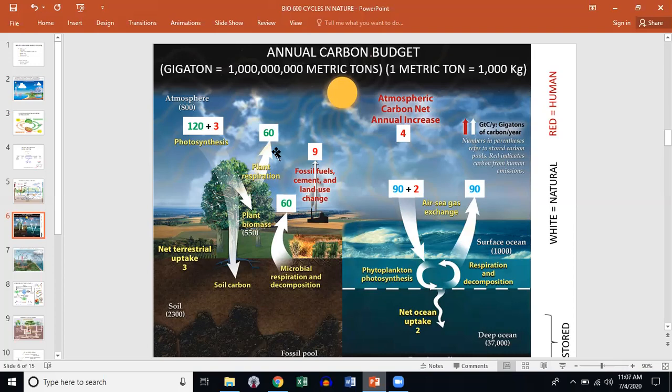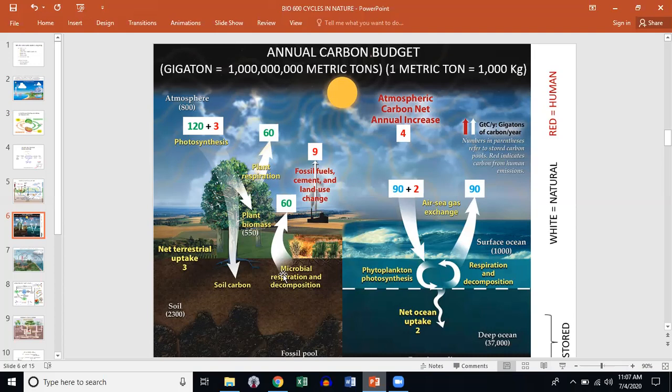It's a stable number, has been figured out, approximately. So that's 60 gigatons. Plus another 60 gigatons of CO2 that are produced naturally on Earth, excluding humans, just from microbial respiration and decomposition. So decomposition is also a burning process.